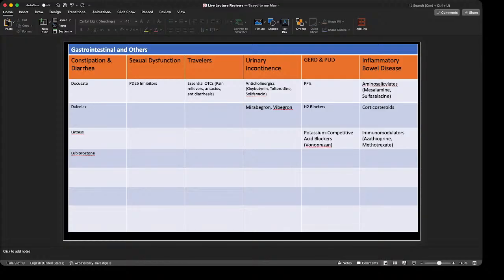Then you have the sexual dysfunction agents like PDE5 inhibitors, and travelers, things like pain relievers, antacids, and antidiarrheals that you need when you're traveling.